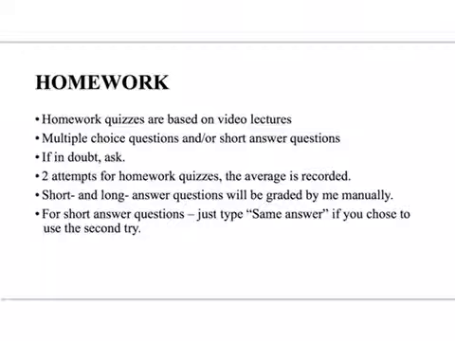Because if you write everything fully in the first attempt and don't write anything in the second attempt and I don't grade it, your grade automatically is going to be lowered. So make sure to type your short answer question in both attempts, or just write the same answer if you don't want to change anything. Okay.